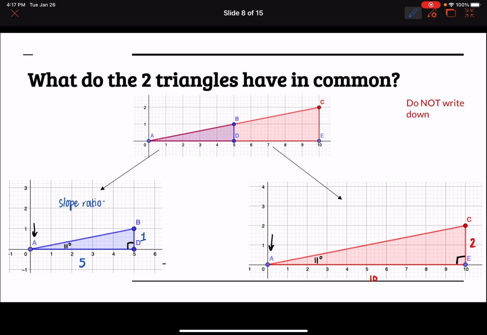We know that the slope ratio for the blue triangle from the 11 degrees, opposite or rise 1 over run adjacent, is 1/5. For the red triangle, our slope ratio, opposite over adjacent, is 2/10, and we saw that this is equal to 1/5. So they also have the same slope ratio.